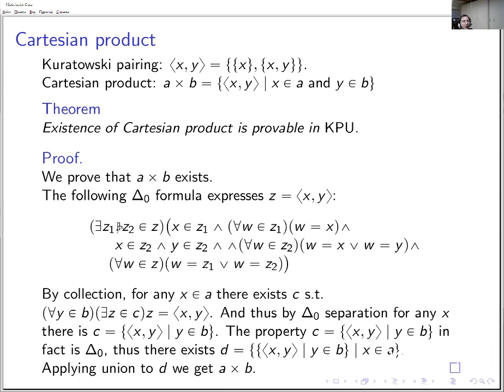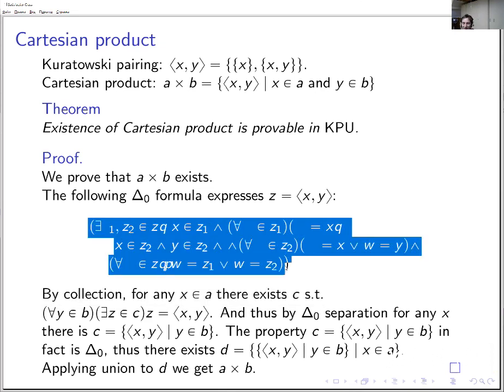It's done as follows. We consider some sets A and B and want to construct this Cartesian product. Notice that the property that z is equal to the pair xy is in fact expressible by a delta zero formula. Here I have written this formula down.